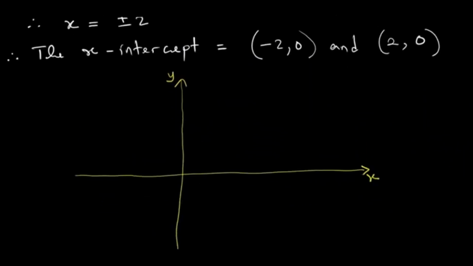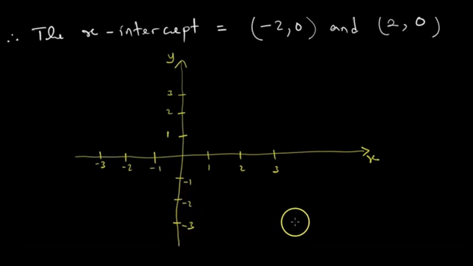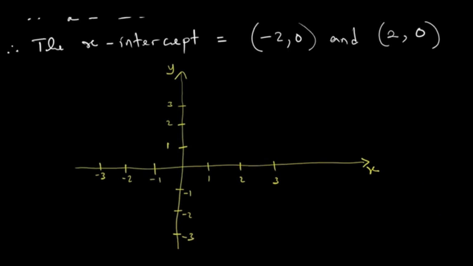Then for our 3 points, firstly, we can mark the scale here: 1, 2, 3, and 1, 2, 3, minus 1, minus 2, minus 3, and minus 1, minus 2, minus 3. Just like this.